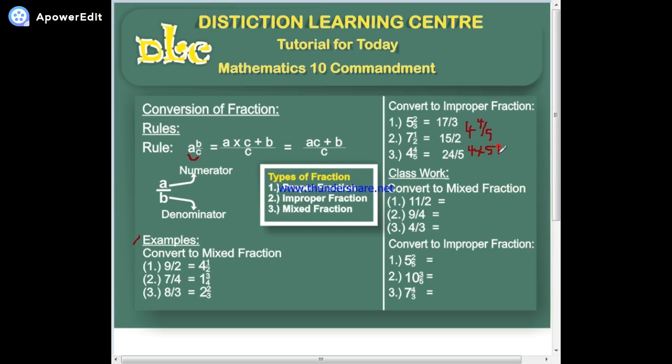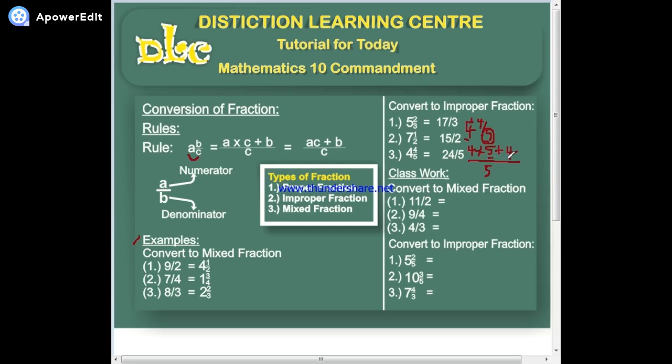plus the numerator, which is 4. Everything over the denominator being given to us, which is 5. So that is this 4 multiplied by this 5 and added with the numerator, which is this 4, everything over the denominator. 4 times 5 is 20.